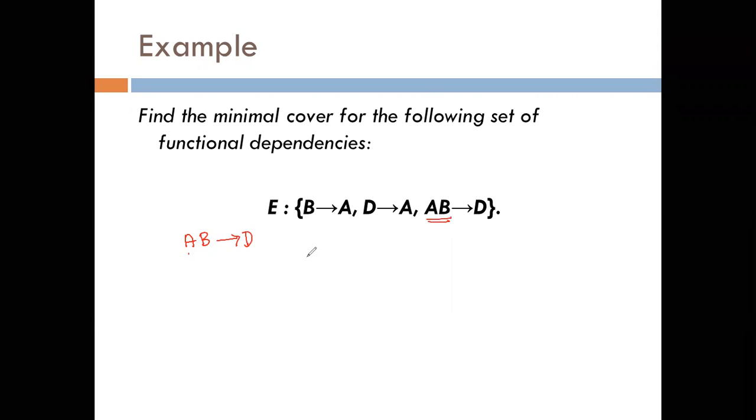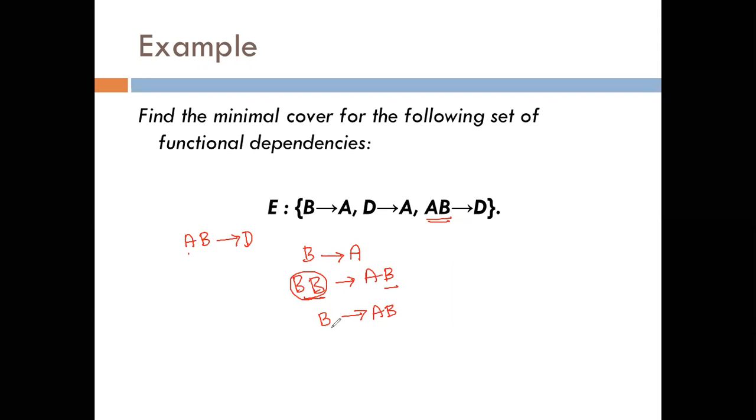Now here we have one functional dependency, that is B determining A, and AB determining D. Now by the augmentation rule, what we can do is for both sides we will push B like this. Here also one B, here also one B. But here we know if we have double sets, then it can be written as B determining AB.